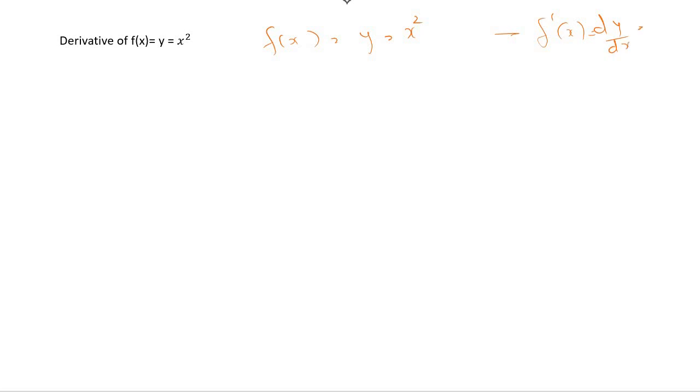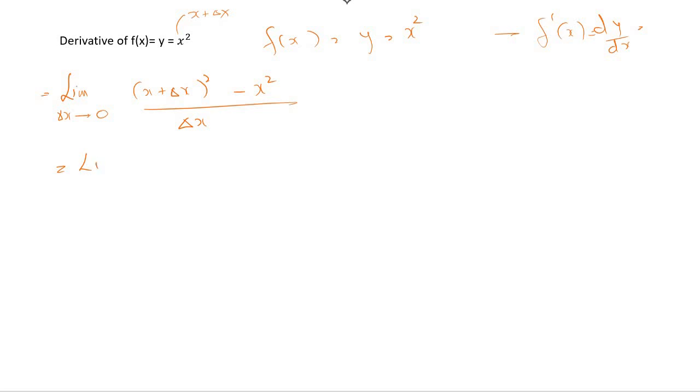A derivative is written as the limit as delta x tends to 0. We substitute x plus delta x for x, so we get (x plus delta x) squared minus the function x squared, over delta x, and we'll expand this now.